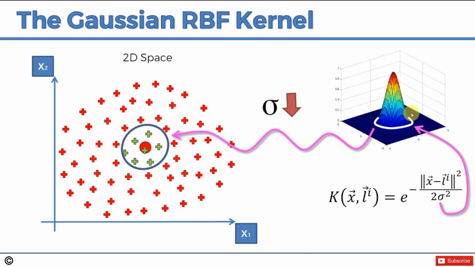Or if you decrease sigma, the circumference will decrease, and therefore you'll take fewer points. So by finding the right sigma, you can set up the correct kernel function to assign 0 values to all of the points that you don't want in your classification, and values above 0 to the points that you do want in your classification. And that will allow you to separate the two, to classify each one.